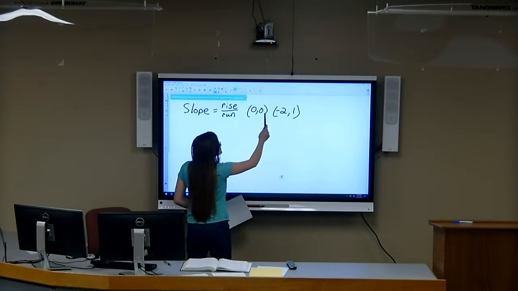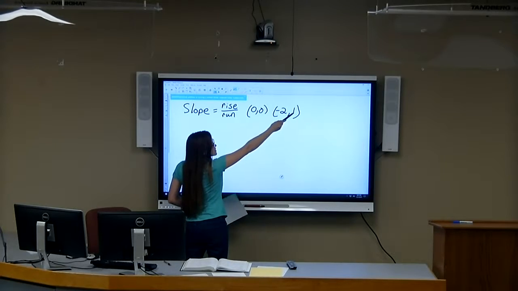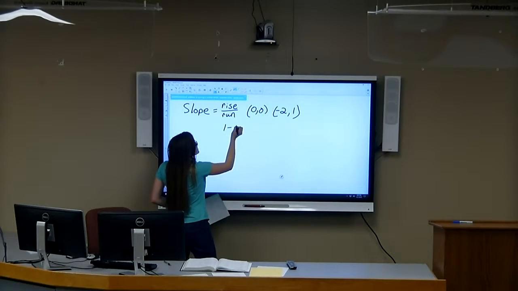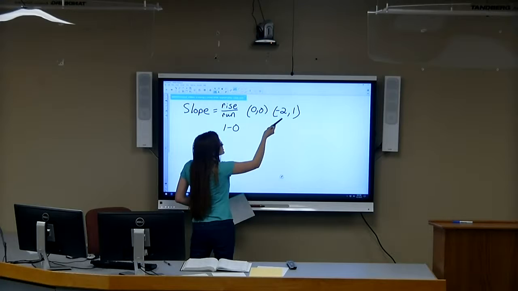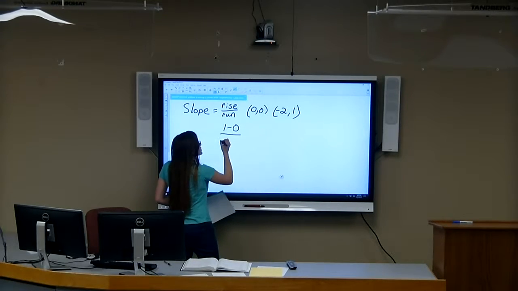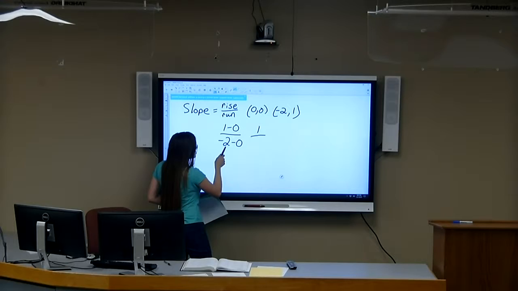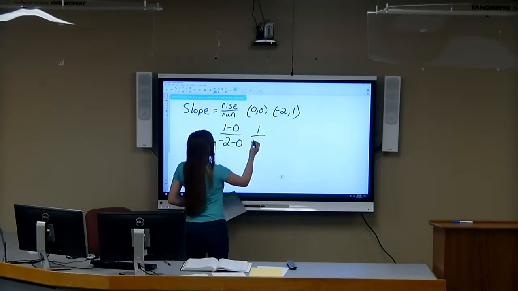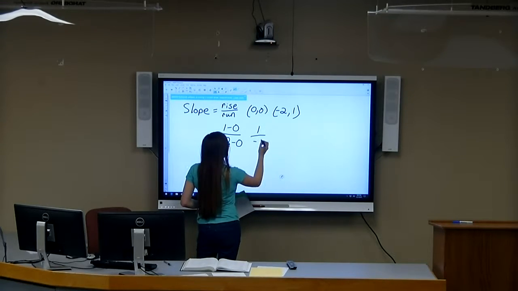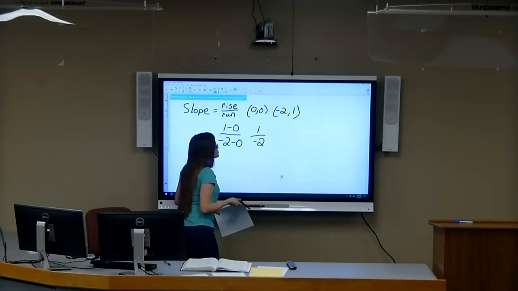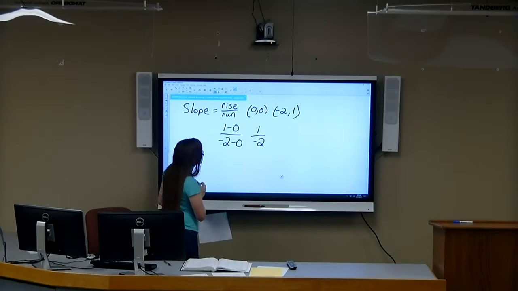You'll take your y's first, use the second y first, 1 minus 0, and then use the second x first, put that over -2 minus 0, and that's going to give you 1 over -2. So your slope is going to be 1/2.